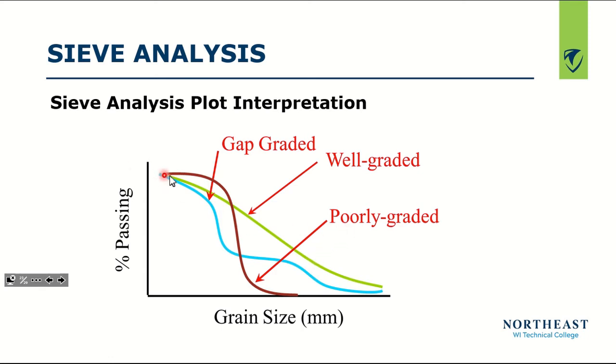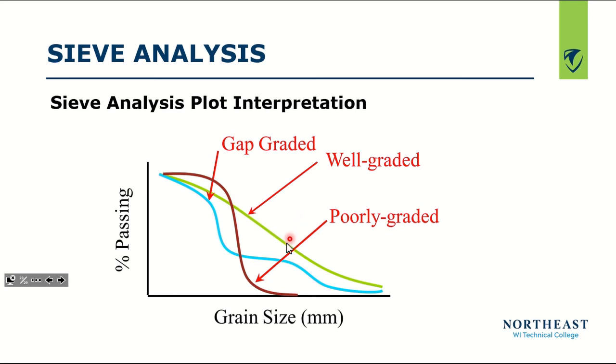So if I look, here's 100% passing, and all of a sudden it just drops. So basically it's pretty much one size because it's not ranging in grain sizes. And then here's my fines. Okay, so it's a really short, steep curve. Okay, so that's how we define these.